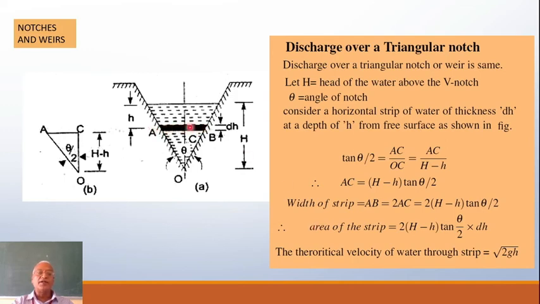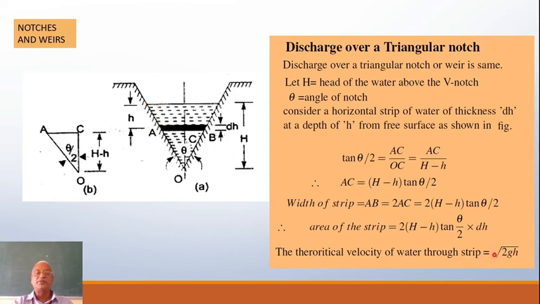Now the cross-sectional area of this strip AB will be AB multiplied by dh. So the area of the strip will be 2 (H minus h) tan theta by 2 into dh. The theoretical velocity of water through the strip will be equal to root 2gh, because it is at a depth h.